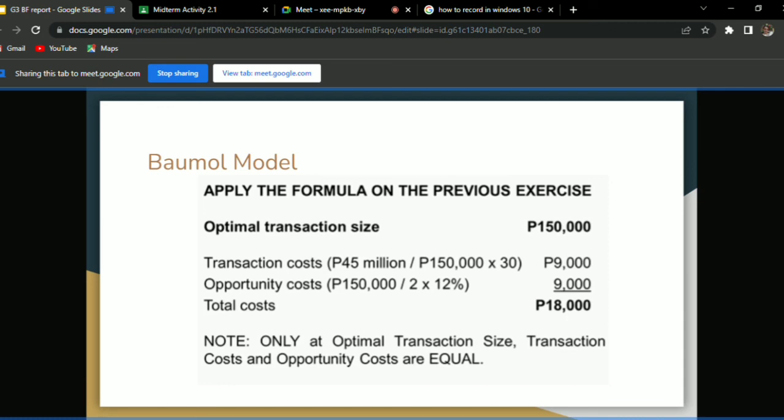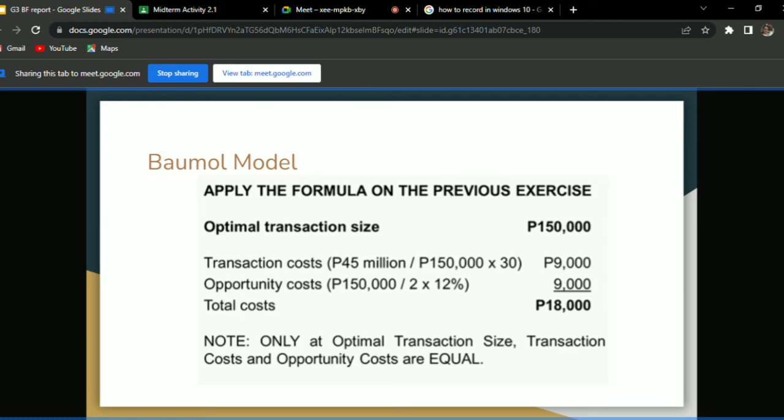So, transaction cost 45 million divided by 150,000 times 30. 9,000 na siya ha. Ang transaction cost nimo mahimo siya 9,000. So, opportunity cost, 150,000 divided by 2 times 12%. 9,000 na gyapon. So, you will get a total of 18,000.